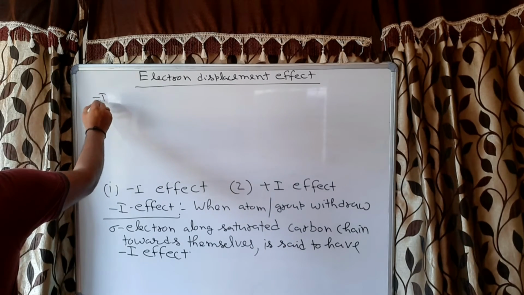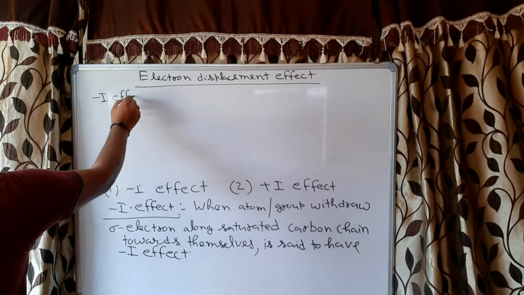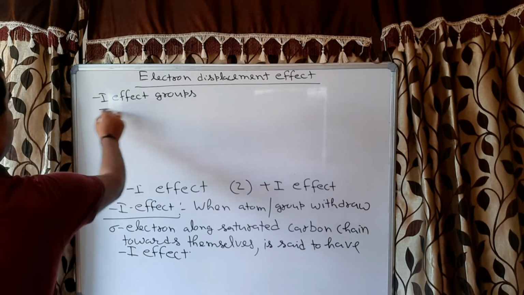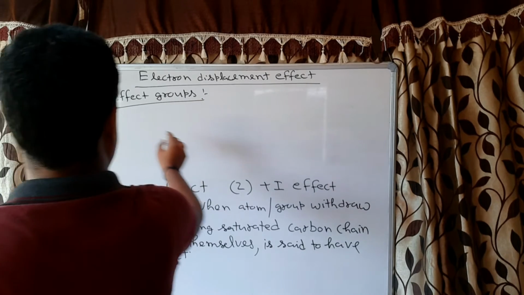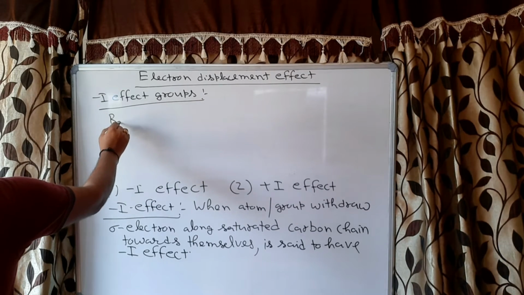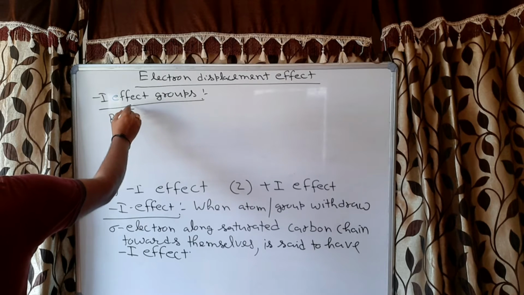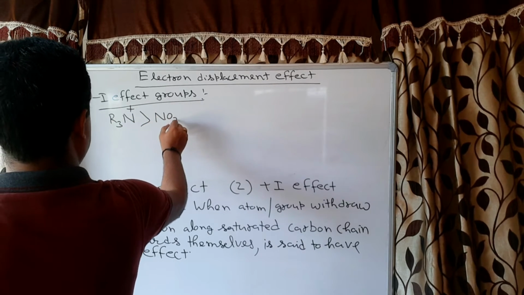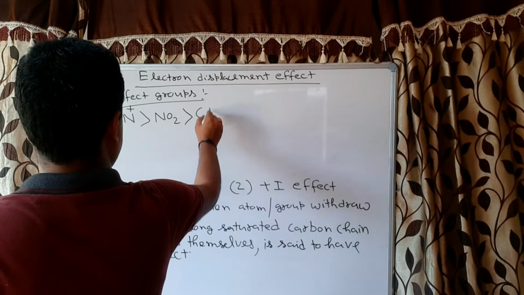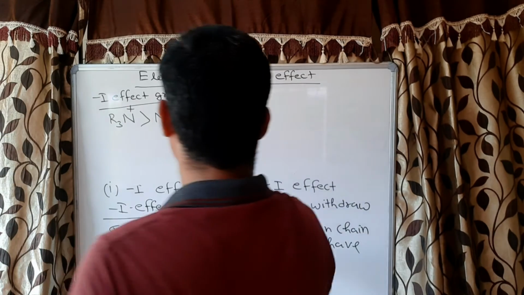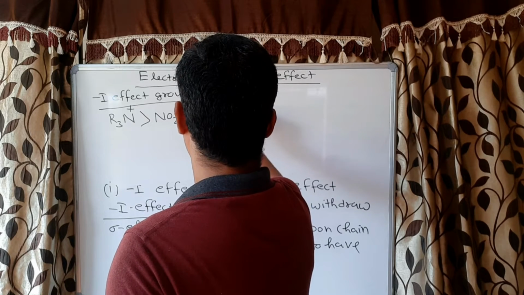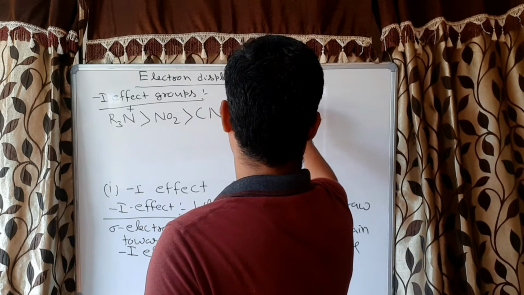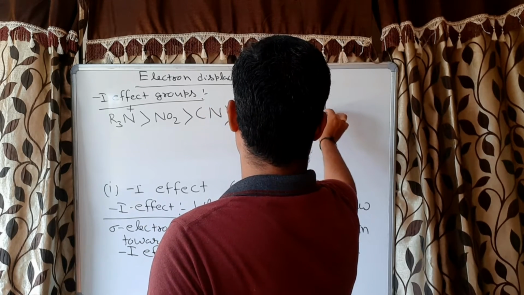Minus I effect groups like R3N, correct, NO2, CN, SO3H, COOH.